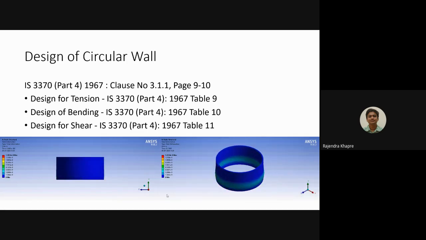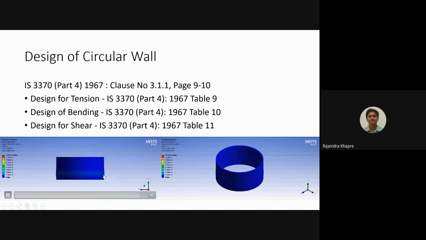For this kind of behavior we have to design the wall. Because of the water pressure, your wall will be subjected to axial tension, because the diameter is increasing. Then it will be subjected to bending, because if you see this figure, this vertical side is changing its shape.